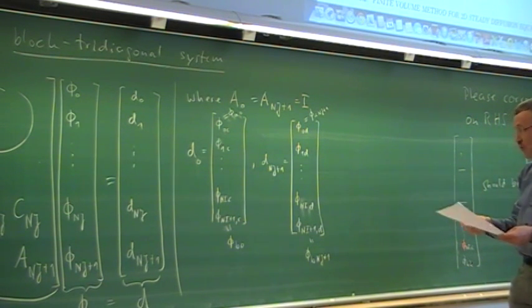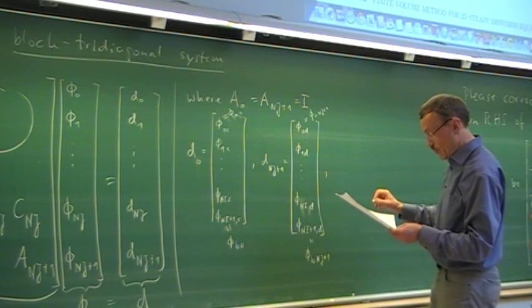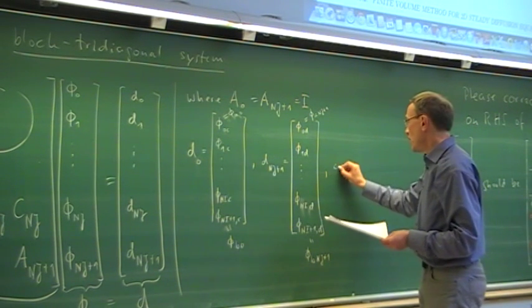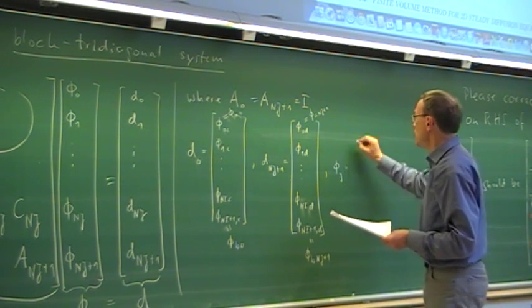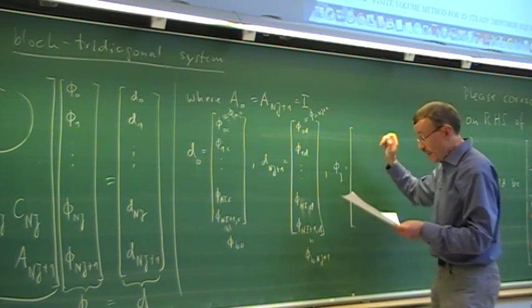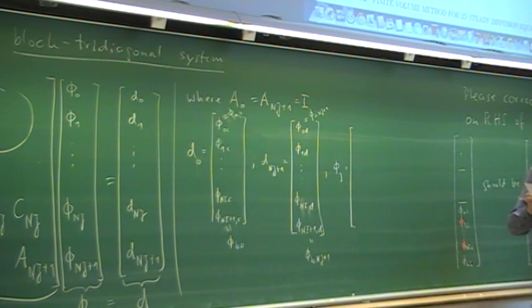And the phi j, that is most interesting, that are our unknowns. Phi j, they are then containing the boundary conditions.